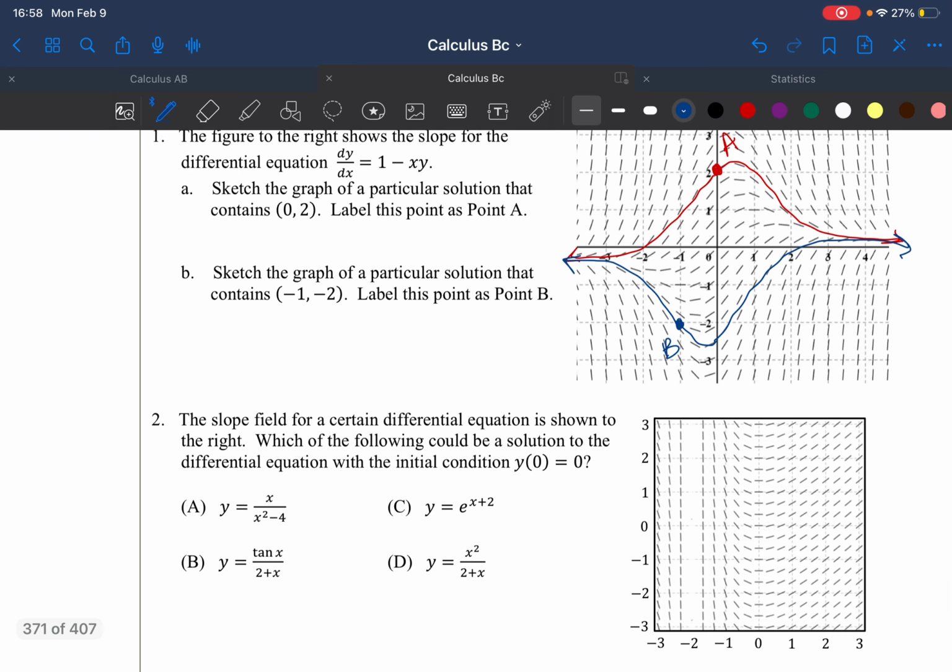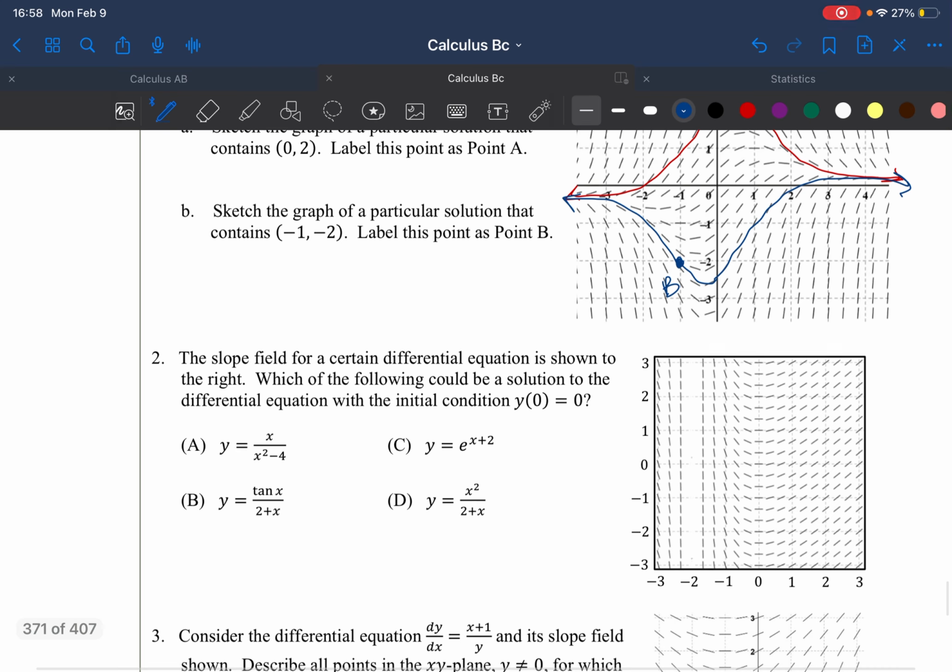So looking at number 2, which is an AP type question, I have that the slope field for a certain differential equation is shown to the right. Which of the following could be a solution to the differential equation with the initial condition y of 0 is equal to 0?